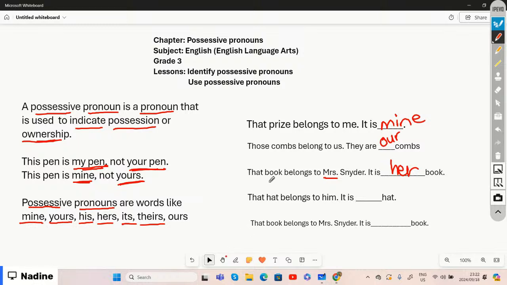All right, so if we look at the sentence, it says that hat belongs to him. Yes, also we say it is his hat.